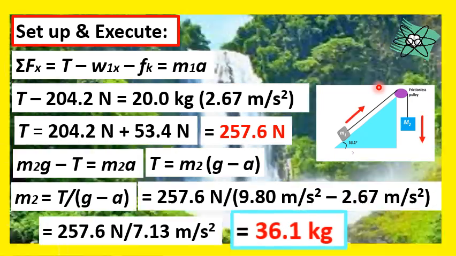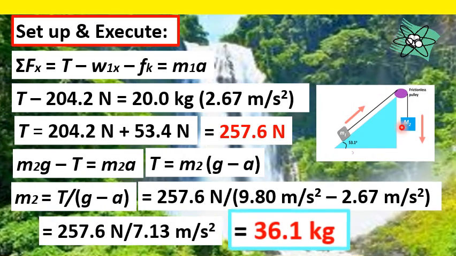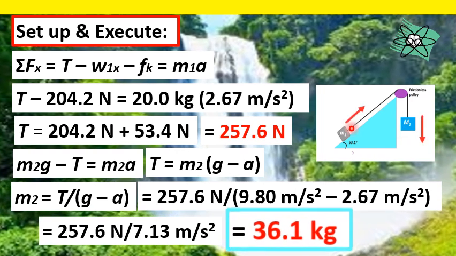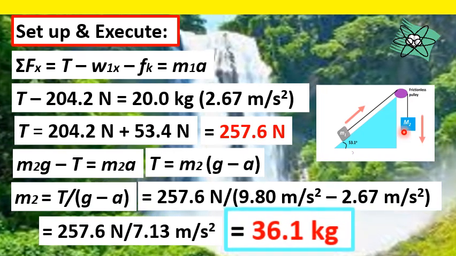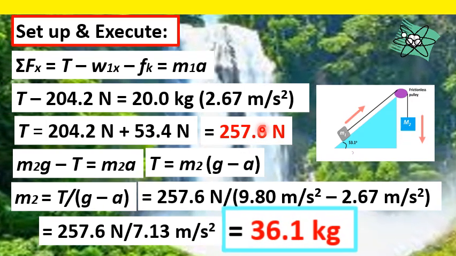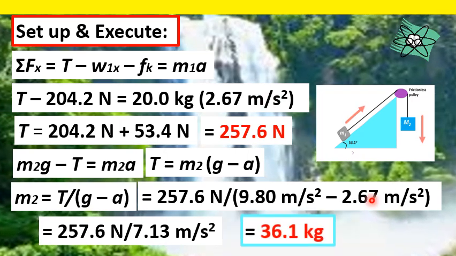And that the two blocks, in fact, are individually acted upon by the tension force of the rope, equal to 257.6 newtons.